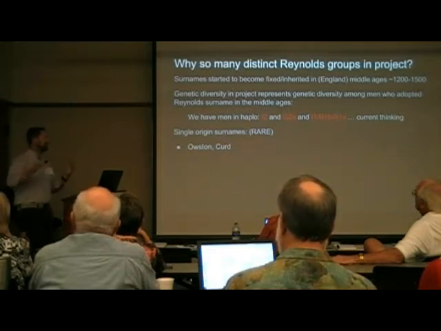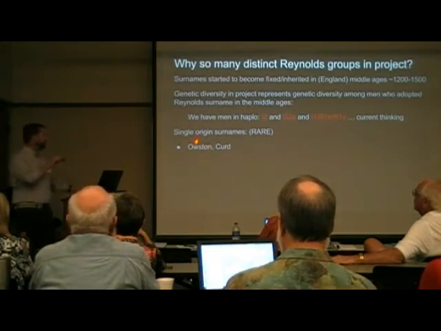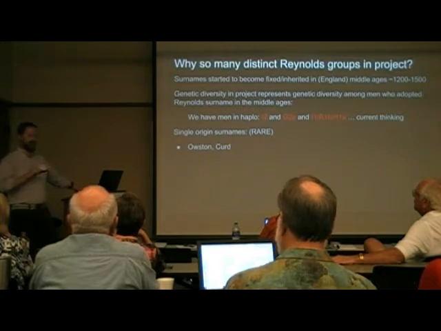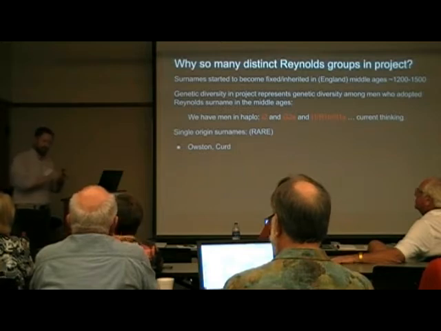As for typology of surnames, there are some single origin surnames, and these are very rare. There's a fellow named Jim Houston who has done extensive research on his line, and he has traced every living Houston that was willing to test. He has covered their lineage, and they all connect to one person that lived in a particular place in the 1300s in England.